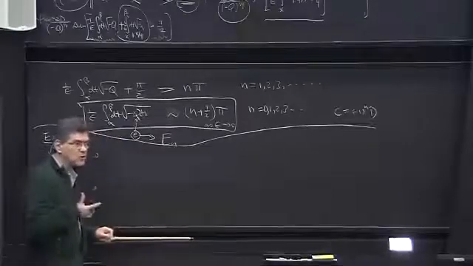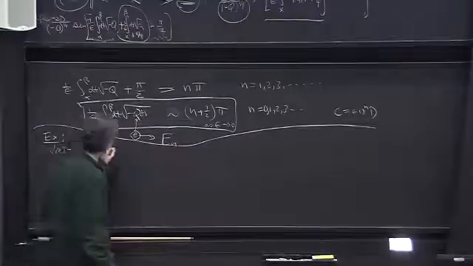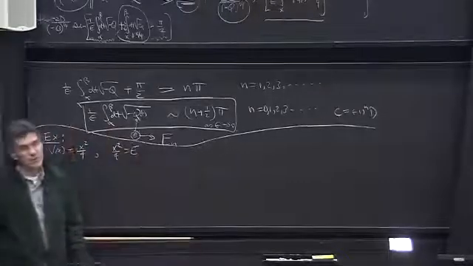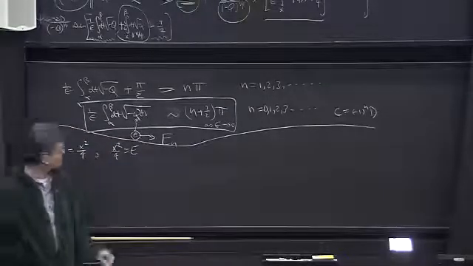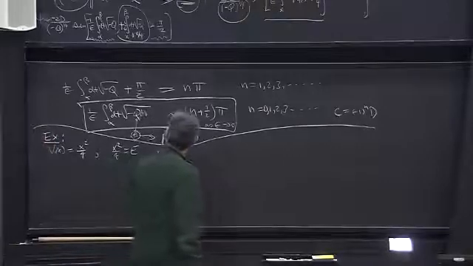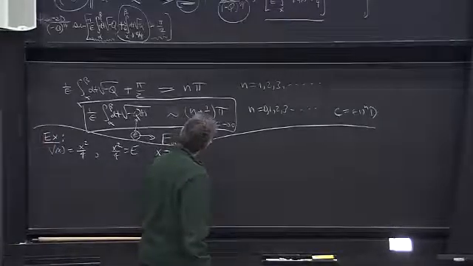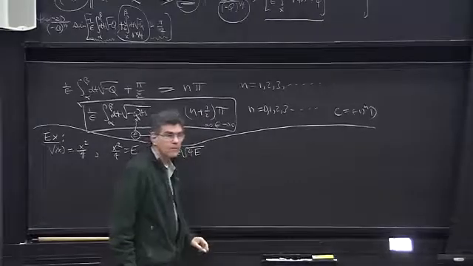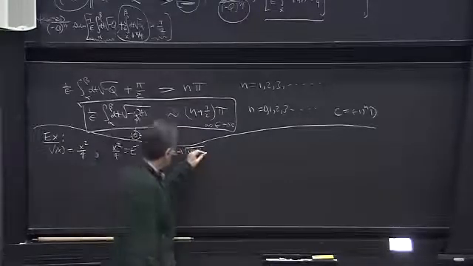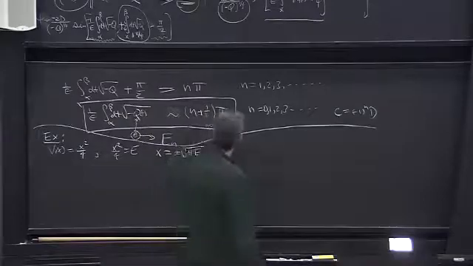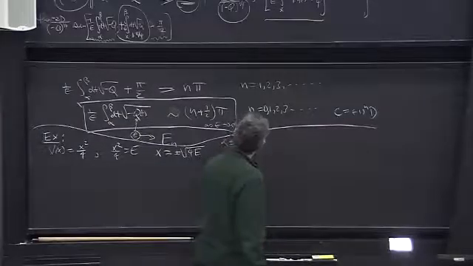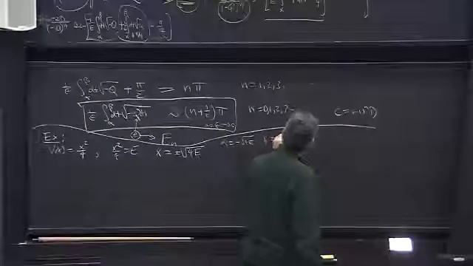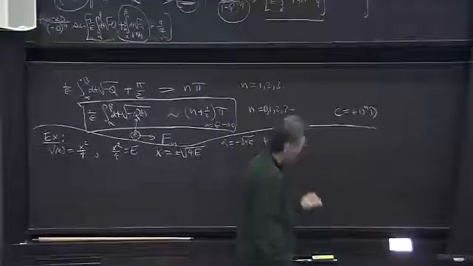Those are the turning points. That is where x squared over 4 is equal to E, where V minus E equals 0. So therefore x is equal to plus or minus the square root of 4E. And that is alpha and beta. So alpha is minus the square root of 4E, and beta is plus the square root of 4E.